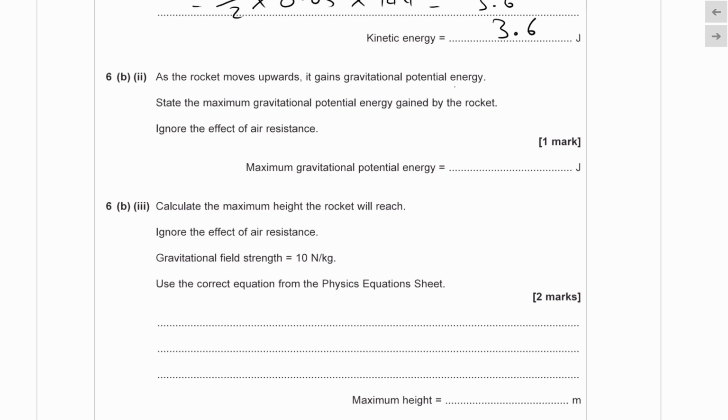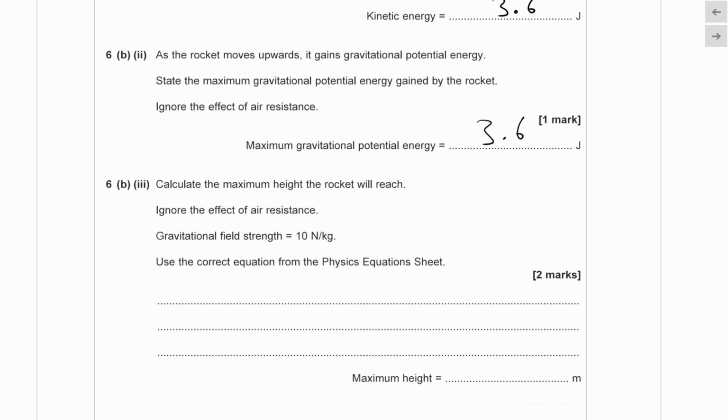If all the kinetic energy is converted to gravitational potential energy, the maximum amount it can gain is the amount of kinetic energy you started with, which is 3.6 joules, and that is all you have to do. Because we can't actually magic energy out of thin air, it has to come from somewhere, it has to be converted from one form to another, and that's what has happened.